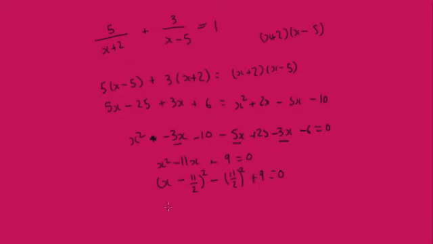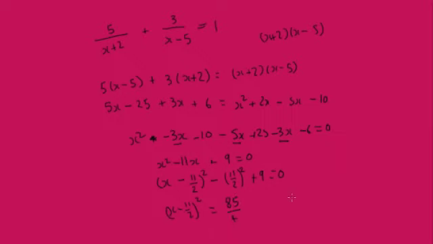Now if we do our arithmetic, we're going to have x minus 11 over 2 squared equals 85 over 4.